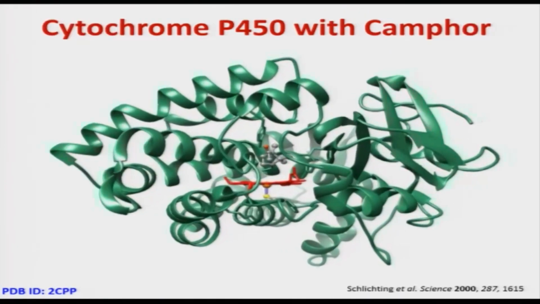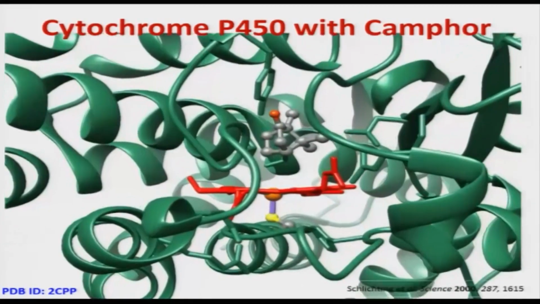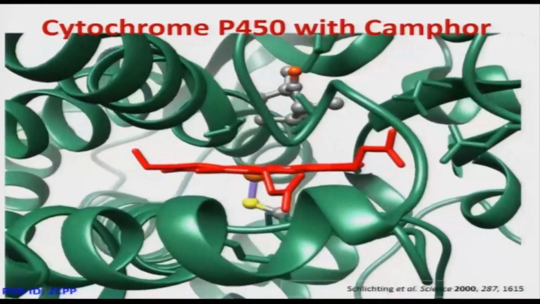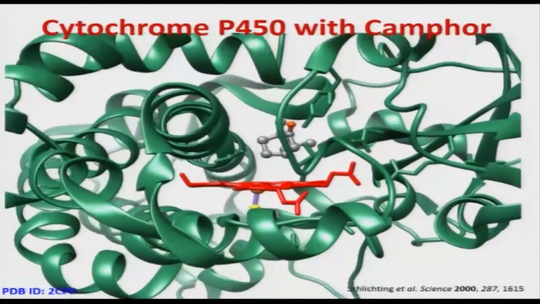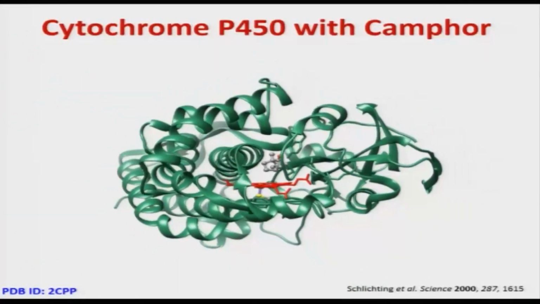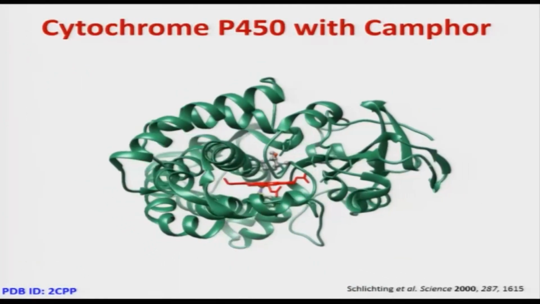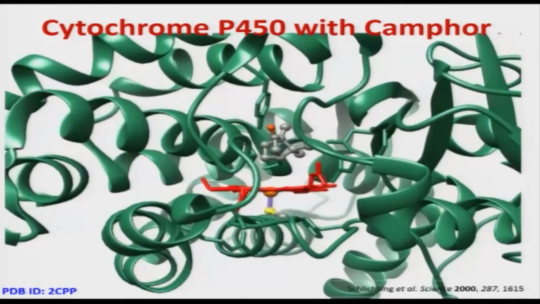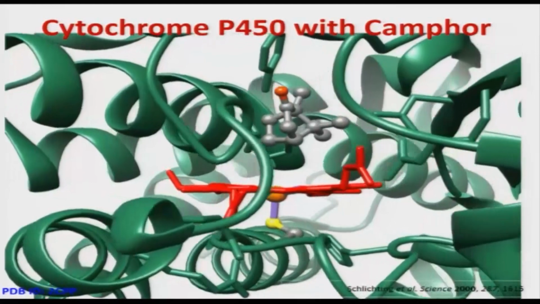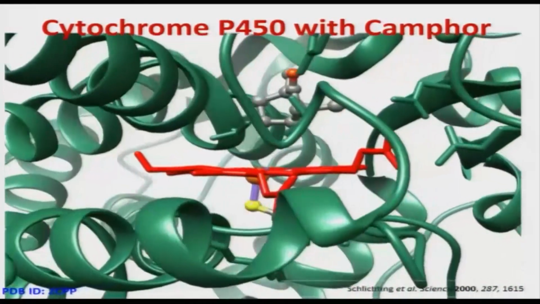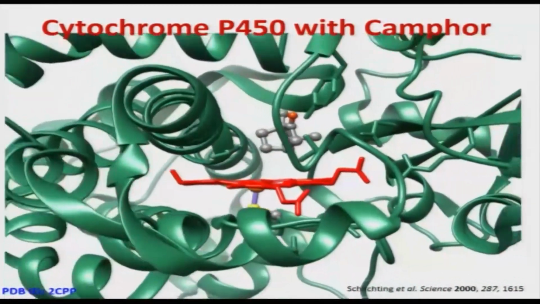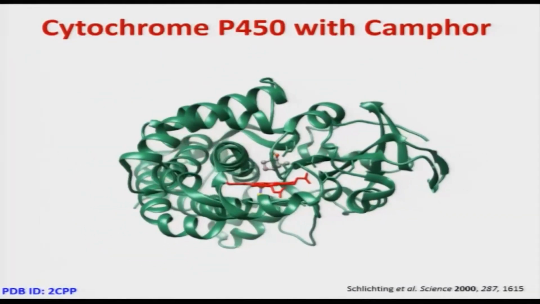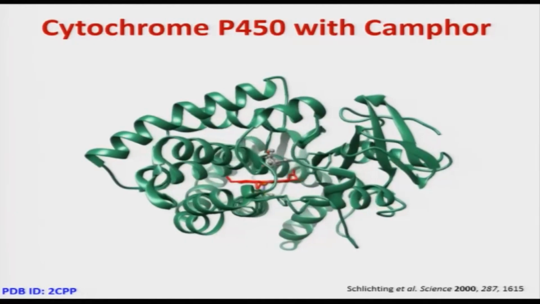Here is an X-ray structure of cytochrome P450 with camphor as a substrate. You can see where this camphor is sitting, very interesting. This has implications, which I will show shortly. You see that this camphor is sitting on top of this iron center, and the closest carbon is getting hydroxylated.